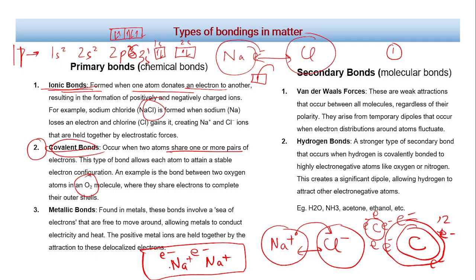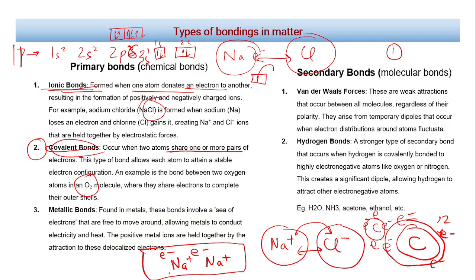Because, as I told, the atom will be in equilibrium or a lesser energy configuration when it gives off electrons, it's not difficult for it to give that off. Maybe with some thermal energy or just at room temperature, it's able to give that off. And all those electrons are not bound to the atom. If they were bound to a particular atom, this would be the case of insulators, which don't conduct heat and electricity.